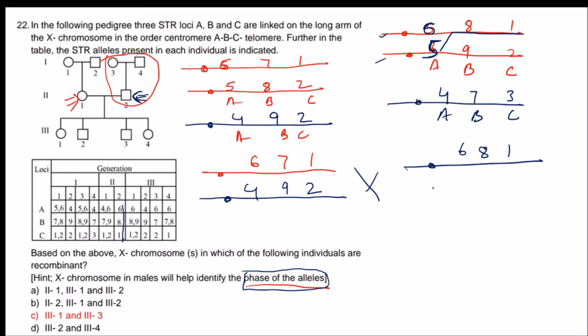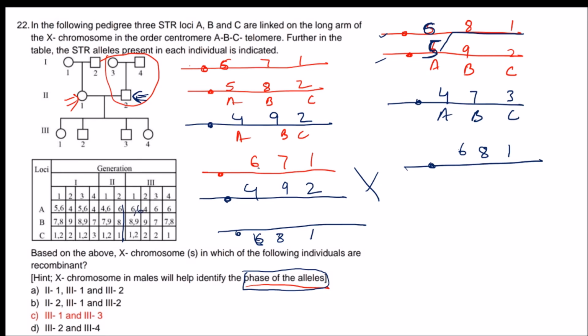So female will definitely inherit one X chromosome from the father, the male one 6, 8, 1, and one X chromosome from the mother. So either 6, 7, 1 should come, or here 4, 9, 2 should come. Now moving to this side, we have seen what? 6 is there. Here only one 6 is written because another inherited X chromosome will be this one.